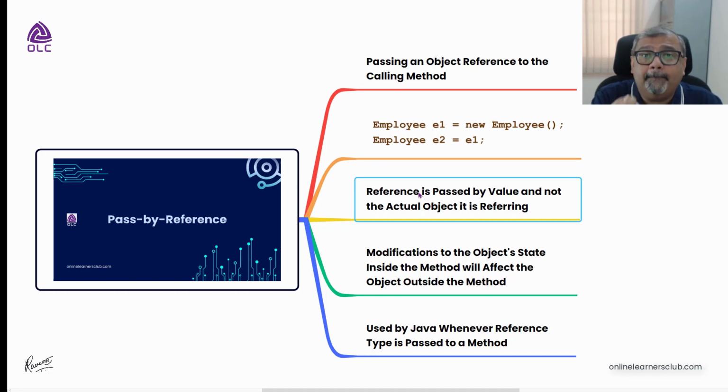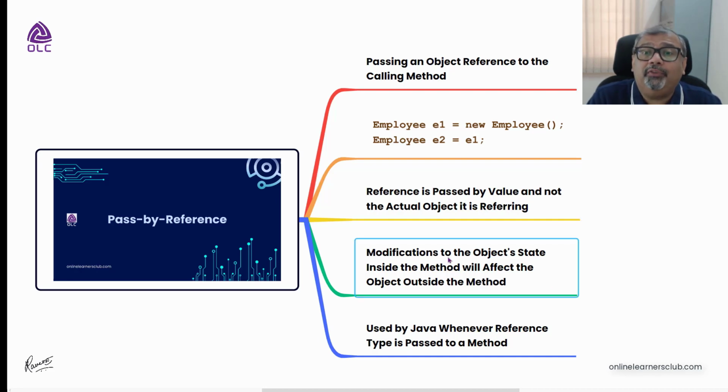Whenever you call a method in Java and pass an object reference as an argument, a copy of that reference variable is passed. It is something similar to e2, where both are pointing to the same object. This is called pass by reference, where it is not passing the actual object, instead it is passing the reference to that object.